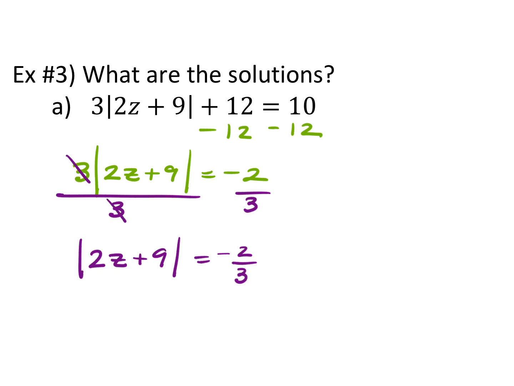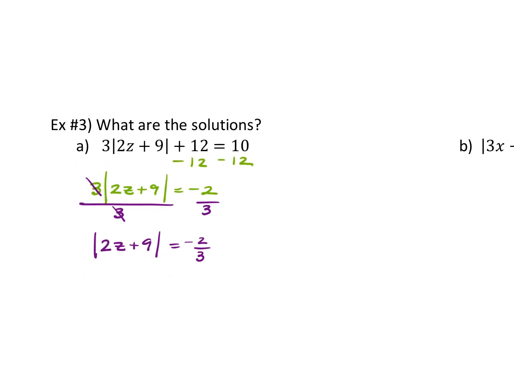Imagine, so here's the deal. Absolute value bars are not parentheses, but sometimes they kind of work like parentheses, right? Because I'm saying 3 times this whole thing. So it's not this, but it's like that, right? 3 times x equals something.